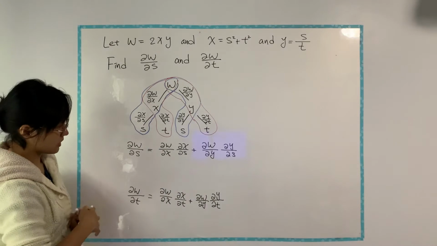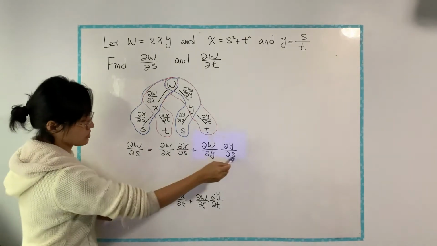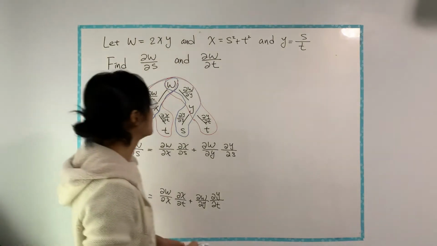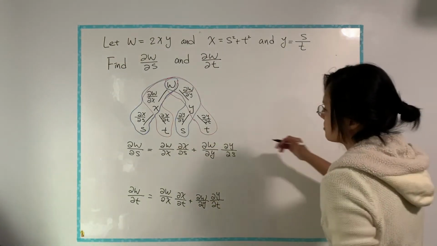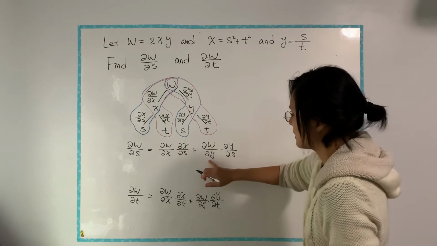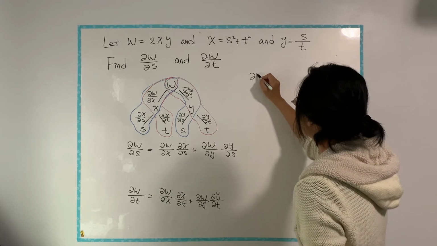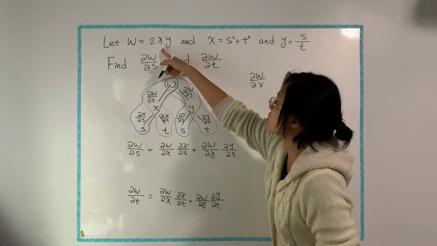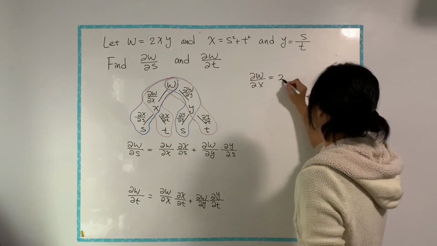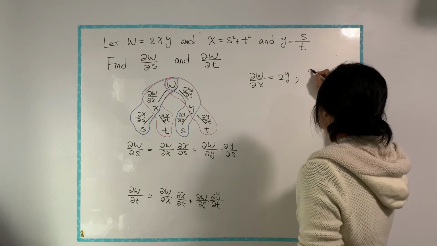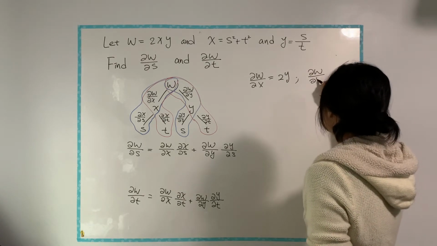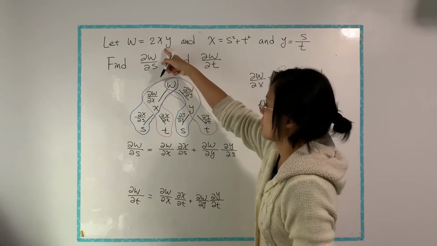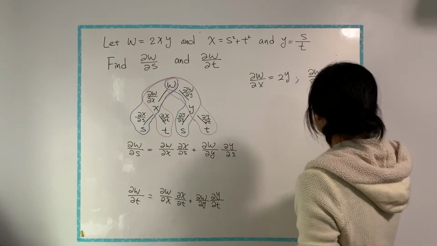Okay, so now we need to find what these partial derivatives are. When we have those, we're ready to write down the answer. Okay, so first I need dw dx and dw dy. So dw dx, differentiating this function with respect to x, I get 2y. dw dy, treating x as a variable, differentiated with respect to y, I get 2x.